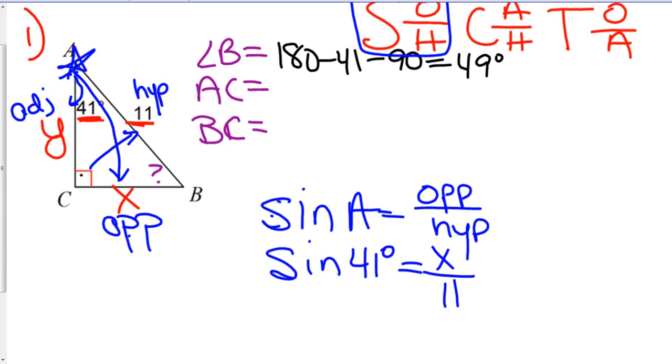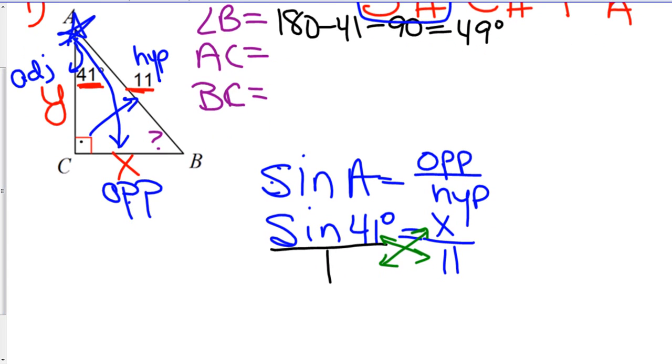Now, depending on how you remembered it, you can always treat this as a proportion. You can put your sine over 1, and you can cross multiply. Then 1 times X gives me X, and that will equal, make sure you always put your normal number first, whether you are multiplying or dividing.